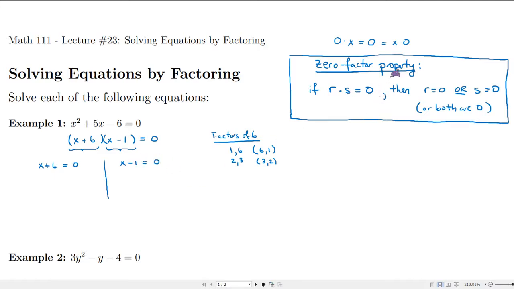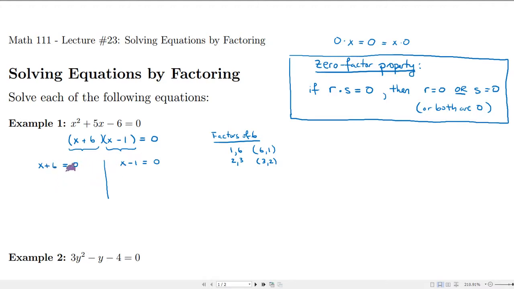That's exactly how we're translating this. We have a product of two things equal to 0, and that'll lead to one of those being 0. So either x plus 6 is a 0, or x minus 1 is a 0, or simultaneously both of them are 0, but let's see what happens.